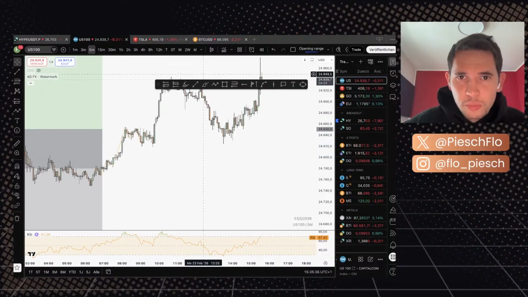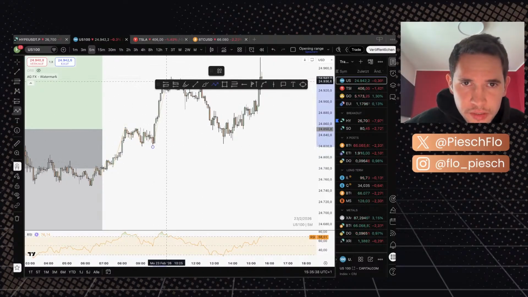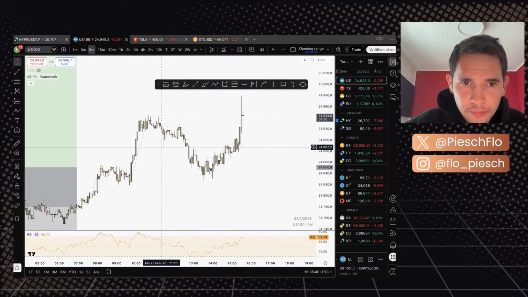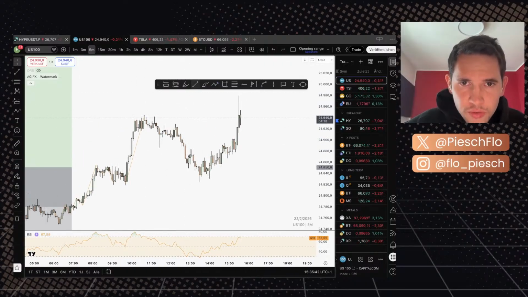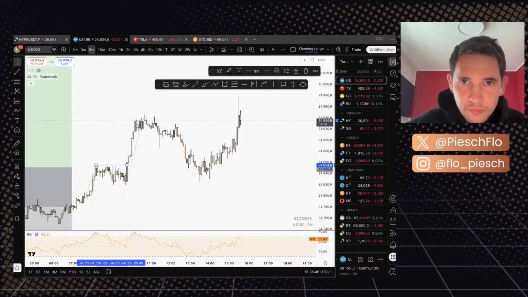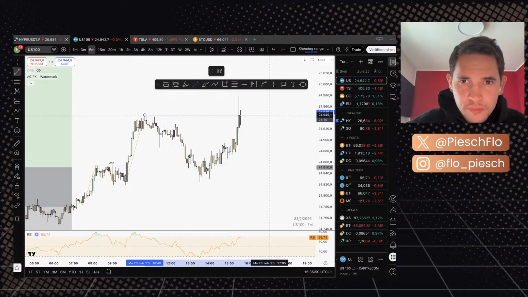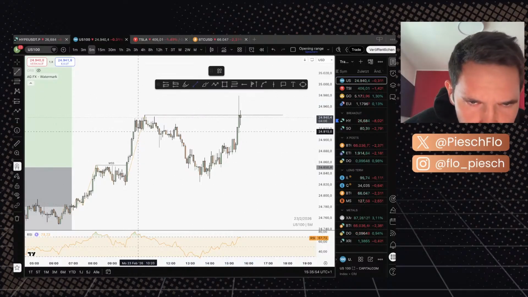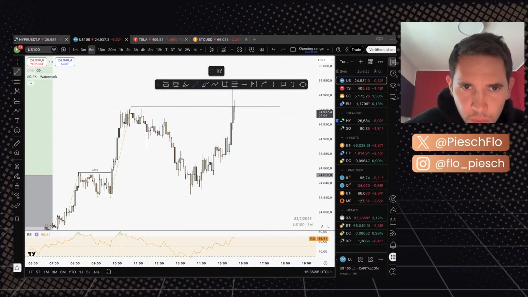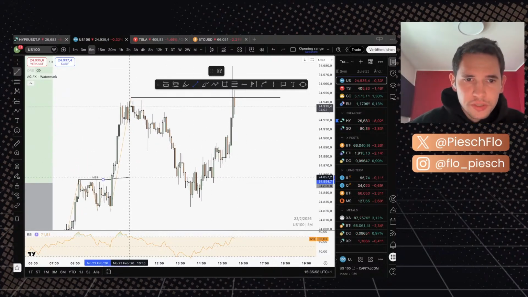I mean, all that chop is not really important. It's clearly this leg to the upside that is important. So currently, oh no, it's not that obvious actually.